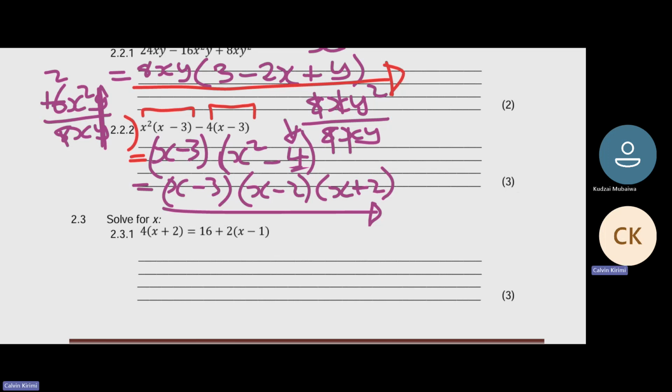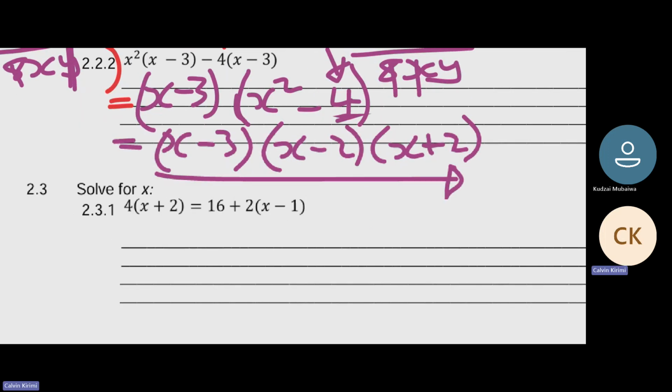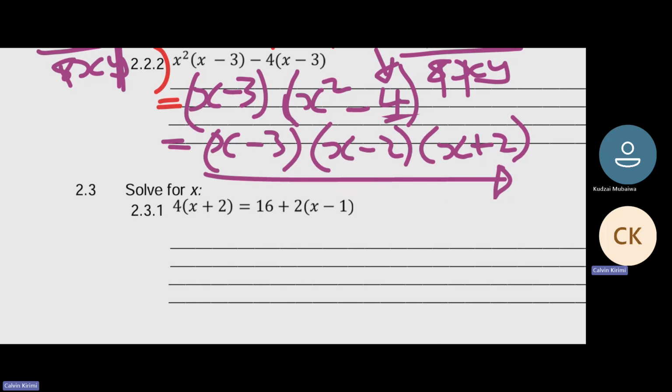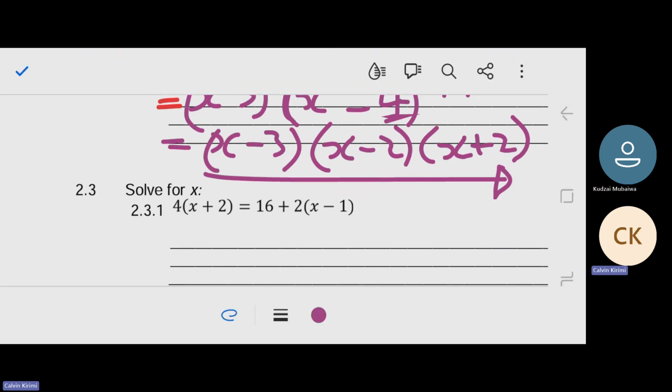Then 2.2. Let's solve for x. The first step we said we expand. Whenever you see brackets, you expand the what? Brackets. 4 times x is 4x. 4 times 2 is 8. Equals 16.